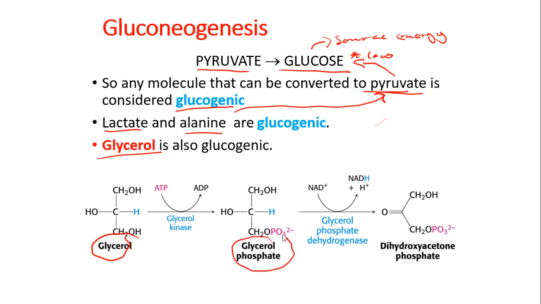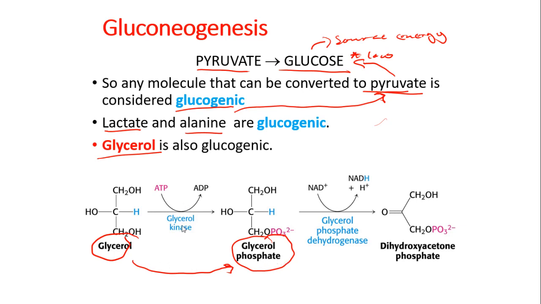Then this glycerol phosphate will now be converted to dihydroxyacetone phosphate, and this dihydroxyacetone phosphate can simply be converted to pyruvate.